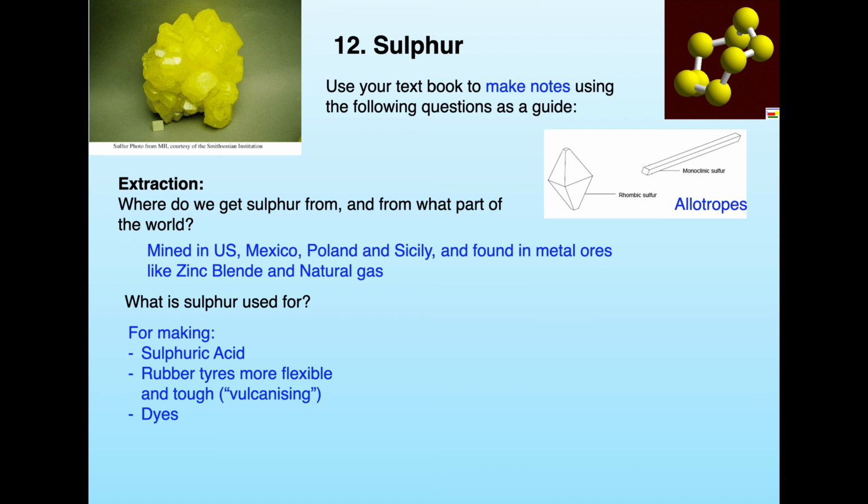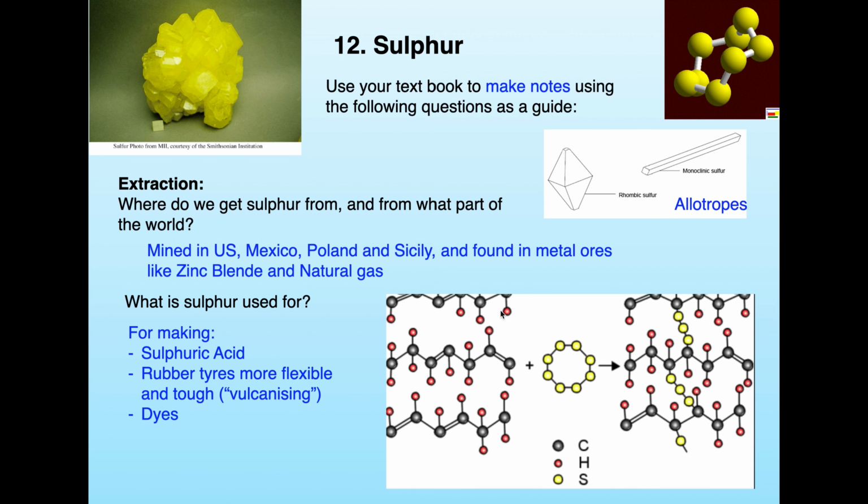Very cheap and very useful. It's used in lots of different processes. And sulfur is also used in the process of making rubber tires. It makes the rubber more flexible, but it also makes it tougher. This is called vulcanizing the rubber. And it's used in making dyes for colouring cloth and different things.